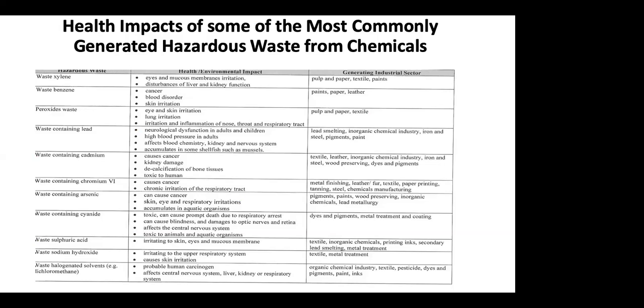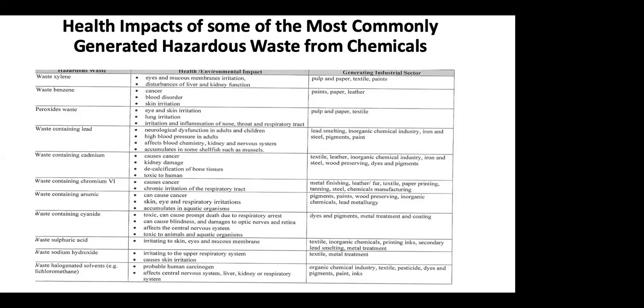Can you pick one? Let's say waste benzene. Benzene is a chemical, right? Now, it can be put to use, but you have waste benzene. When benzene becomes a waste, what are the environmental or health impacts that benzene can cause? Irritation, things like cancer, blood disorders, skin irritation.